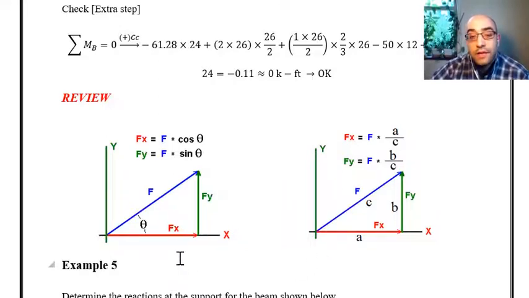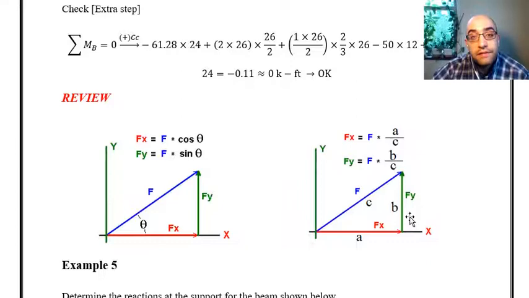In cases where we don't have the angle, but we know the size of the sides, for example, let's say I know this side is equal to A, and this side is equal to B, and the dimension over here is equal to C. In such cases, if I want to find the X component of the force, or Fx, we can say F multiplied by A over C, or the ratio of horizontal side over the C over here.